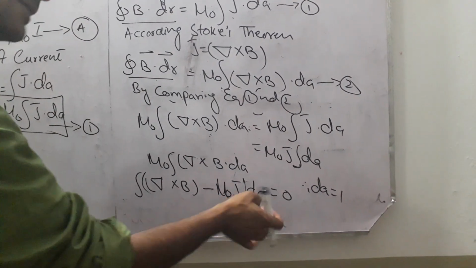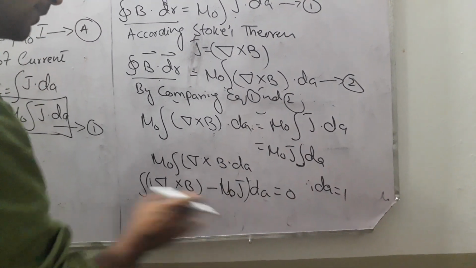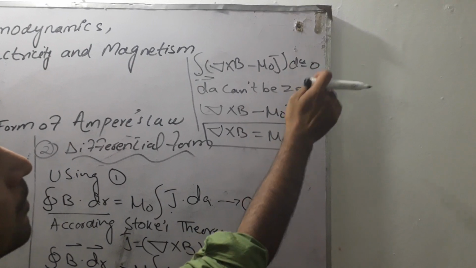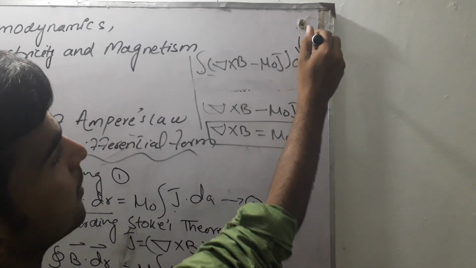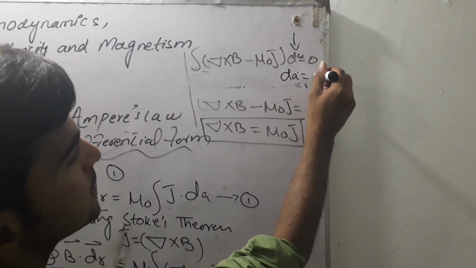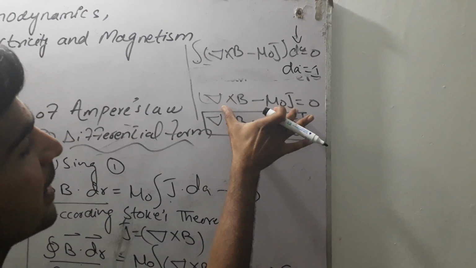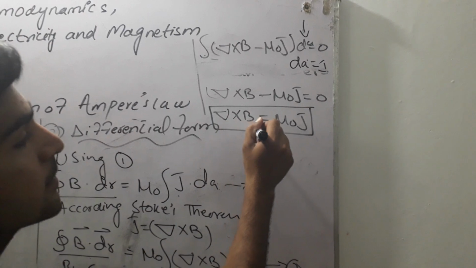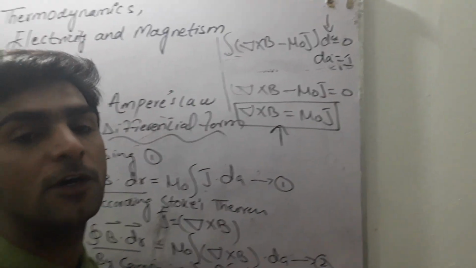If we replace this one, this whole term multiplied with it will remain the same as it is. So in place of this dA we put 1, and the remaining term is like this. We bring this value from the right hand side. So this equation is known as the differential form of Ampere's law.